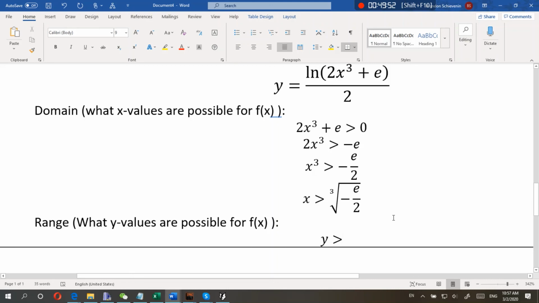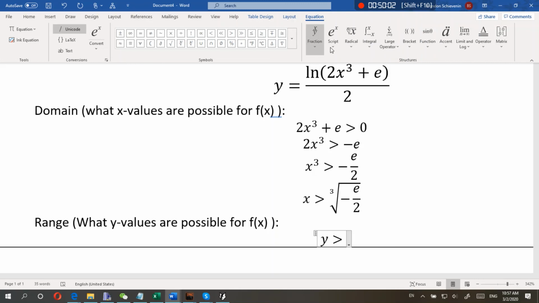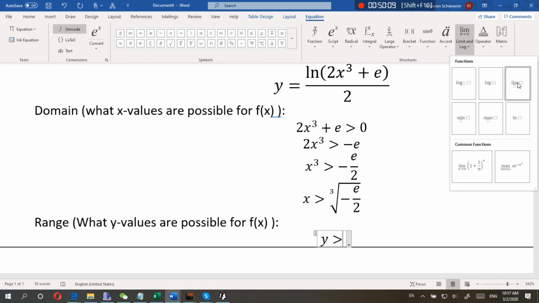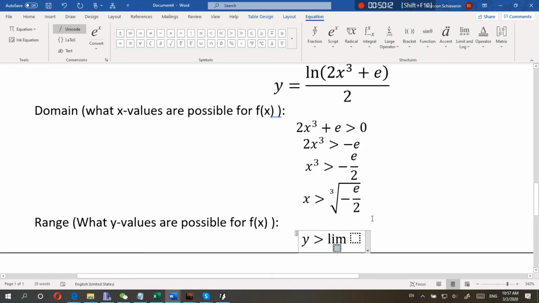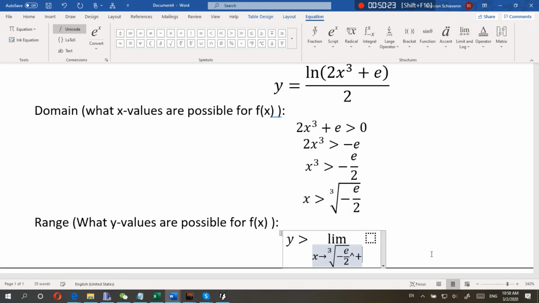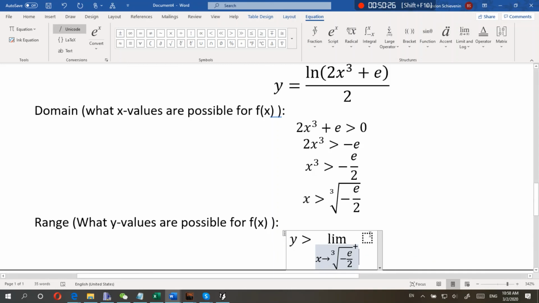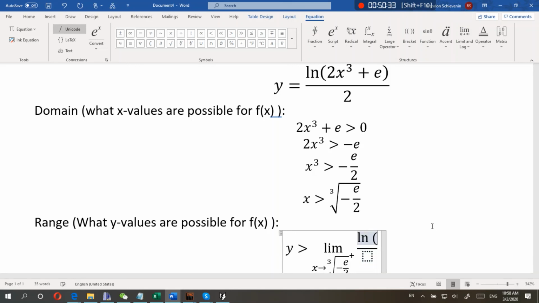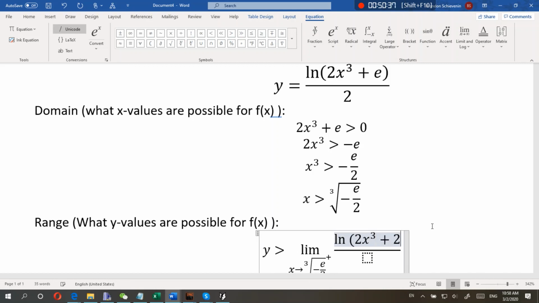So that would be the limit as x approaches the cubed root of negative e over 2 from the right of the natural log of 2x cubed plus e, over 2.